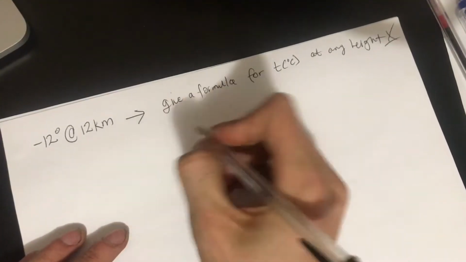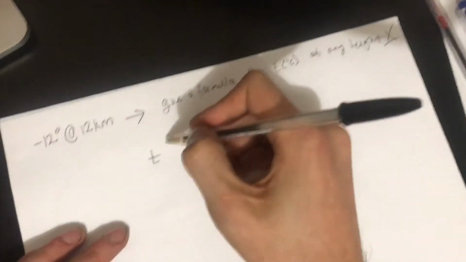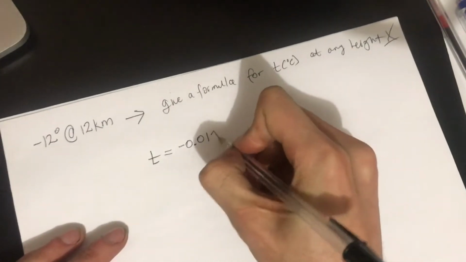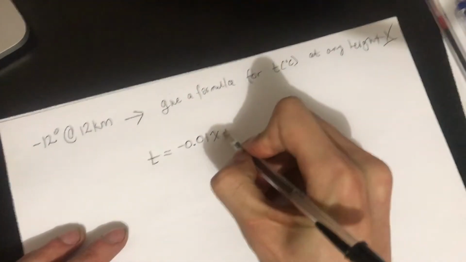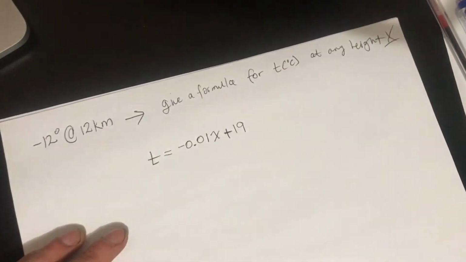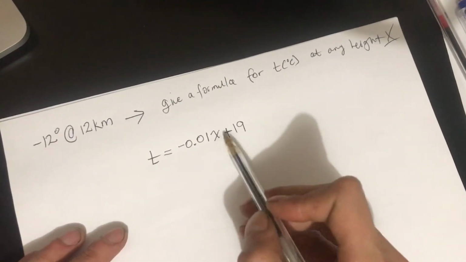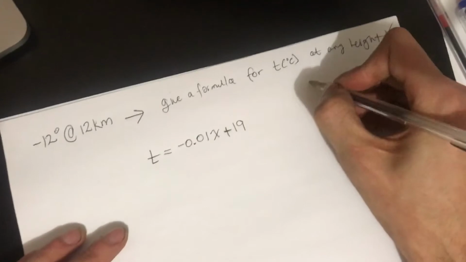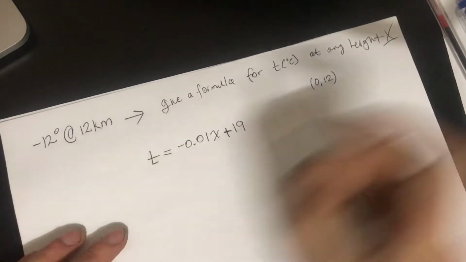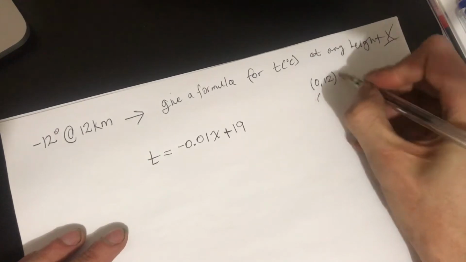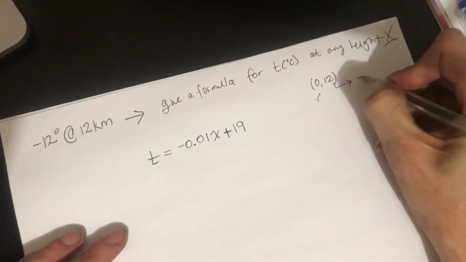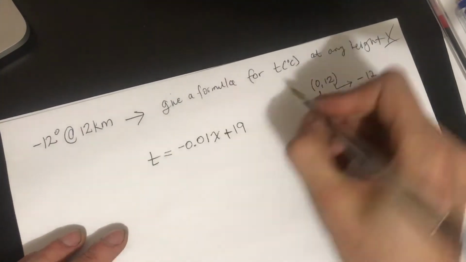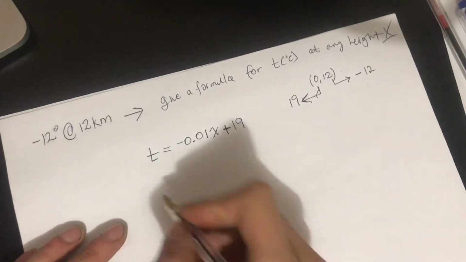Let's express in variables without the units: the temperature is given by negative 0.01 times x, which is my height, plus 19. I already have defined my domain and my range. My domain is 0 to 12, and when it is 12, I have a value of negative 12, and when it is 0, I have a value of 19.